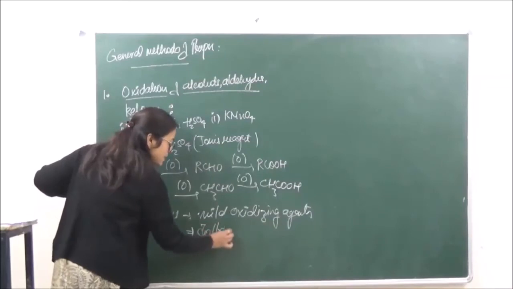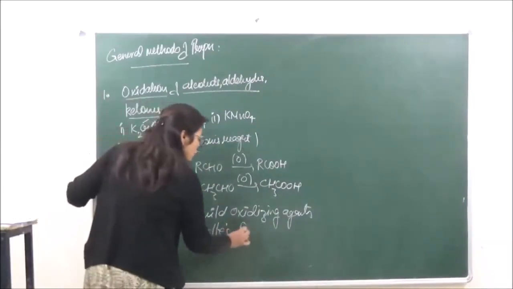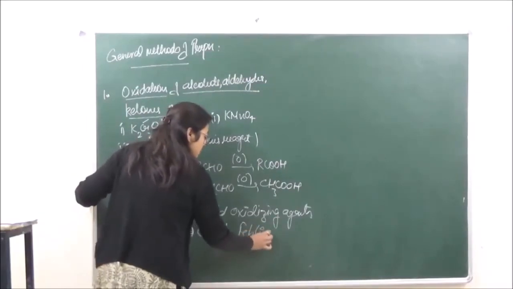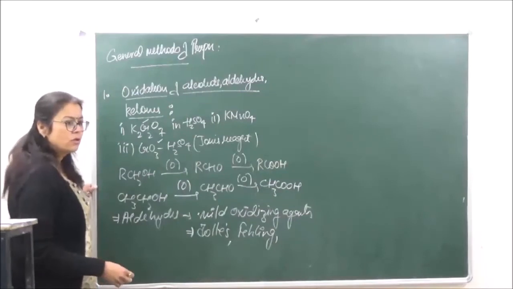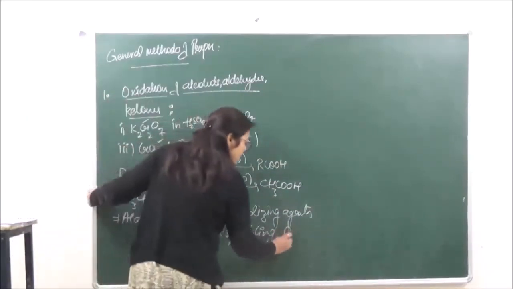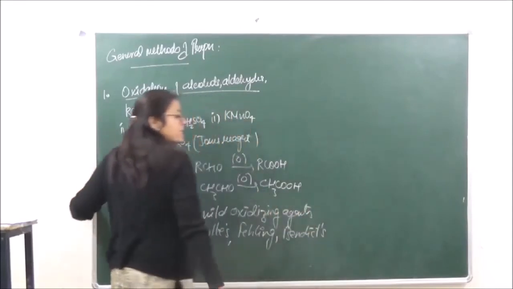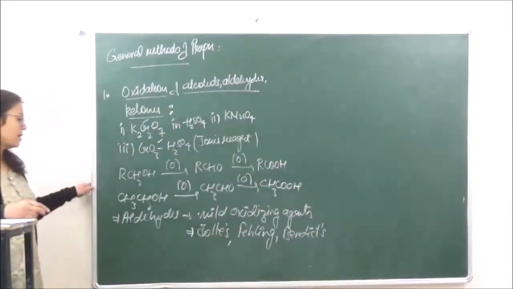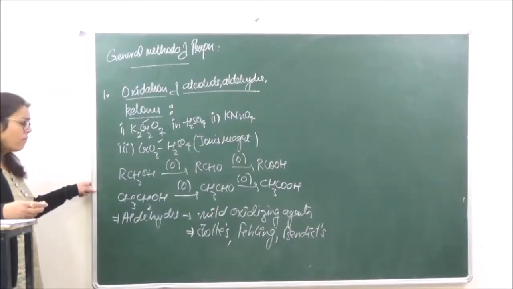Tollens, ठीक है. Then we did Fehling solution. Then after Fehling, what did we do? Benedict's solution. So all these mild oxidizing agents are going to oxidize the aldehydes.